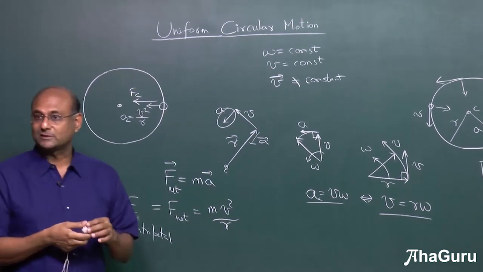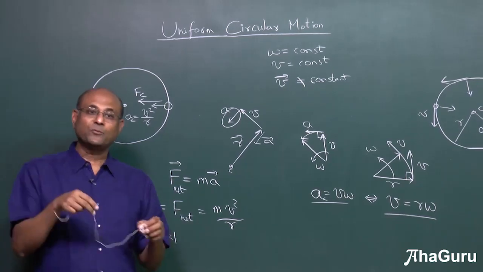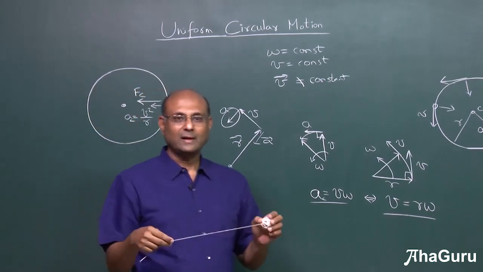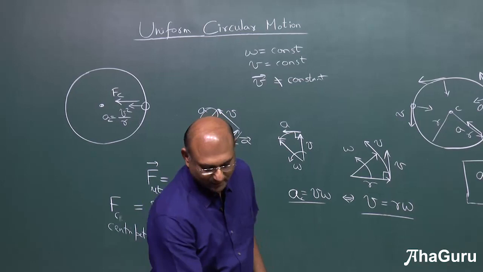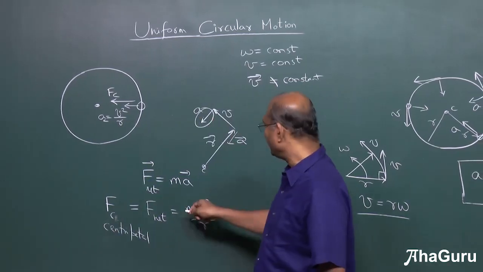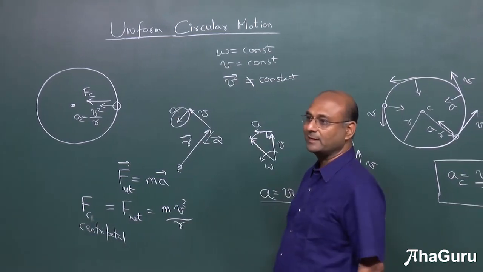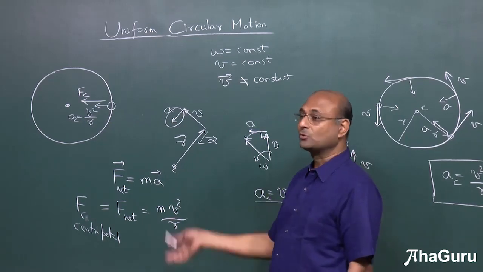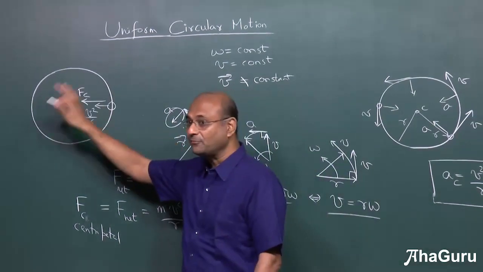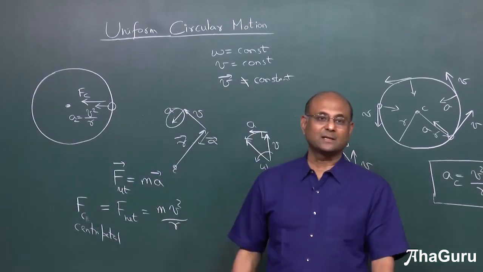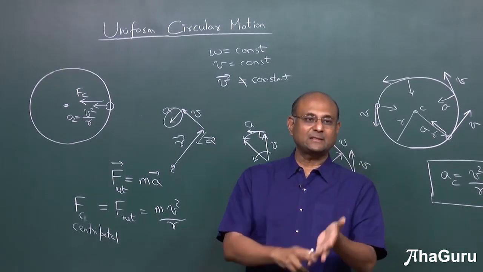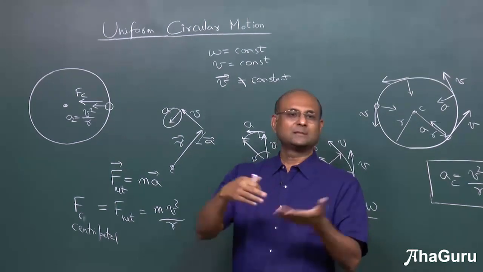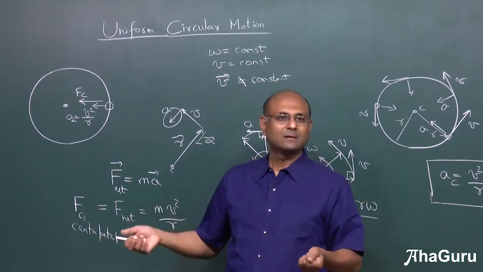It's not even a single force. So is there a new force called centripetal force? No. Like MA is not a force. So centripetal force is not a force. This is not being produced because it's going in a circle. It is going in a circle because there is some bunch of forces making it go in a circle. Those forces are either tension force, friction force, some normal force, somebody pulling, right?